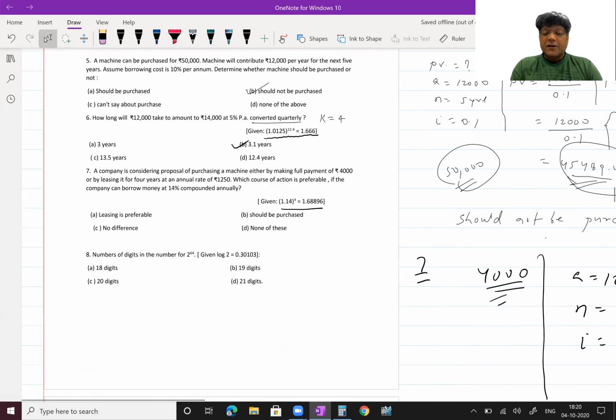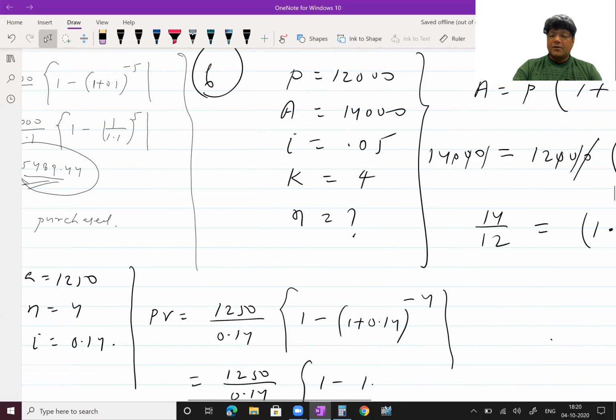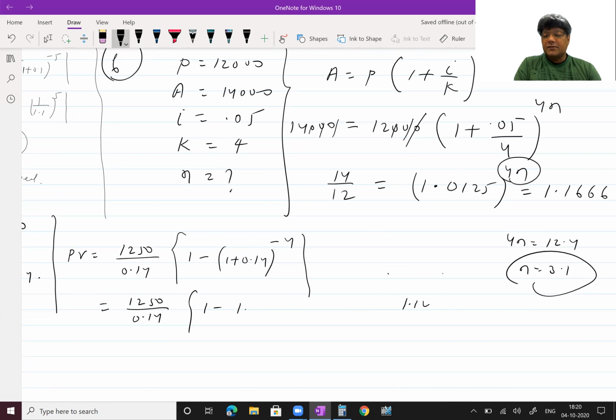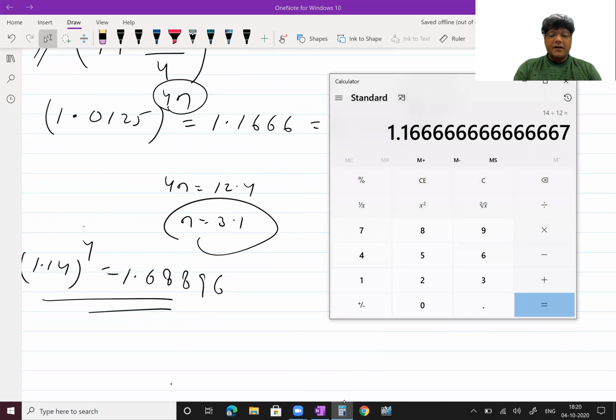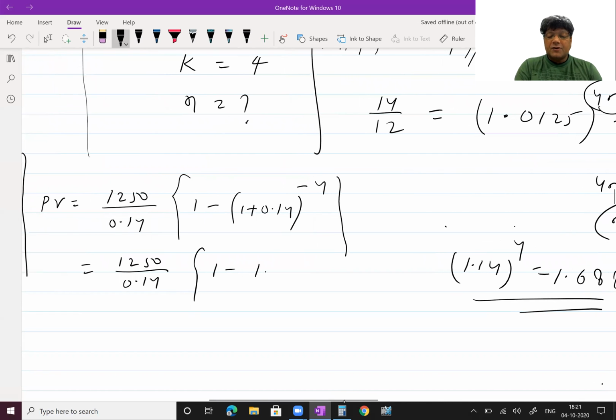So guys, this value is 1.68896, and this is the value of power plus 4, but we need minus 4. So what we will do, we'll use the calculator, and 1.14 to the power minus 4 means what? 1 divided by this value. So 1 divided by 1.68896 is equal to 0.592. So it's coming 0.592.